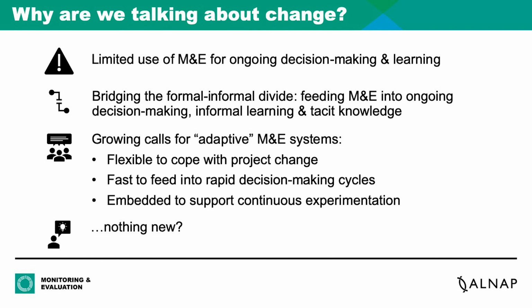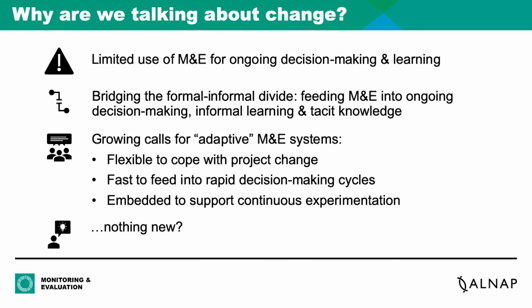I hesitate when I say that because I think in the sector there are some fantastic examples of monitoring and evaluation systems feeding into decision making and learning. But nevertheless, I think it's fair to say that when you look at the State of the Humanitarian System report that ALNAP produces every 3 years, we often touch upon the limited use and uptake of findings from monitoring and evaluation tools.